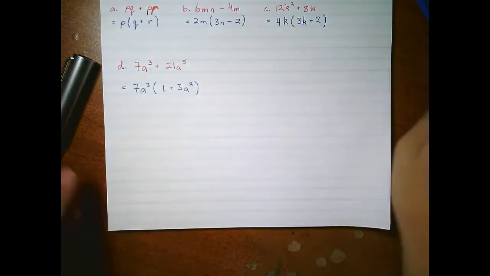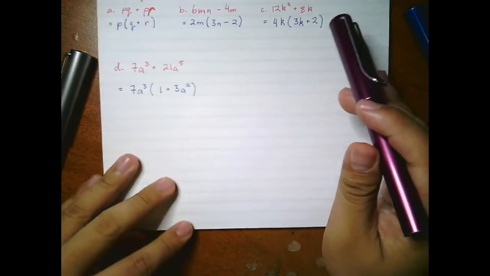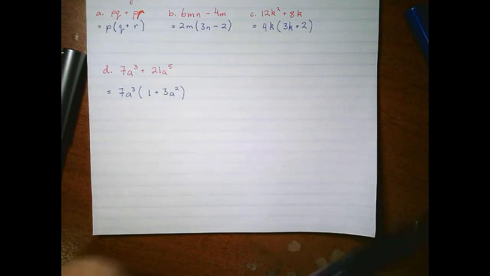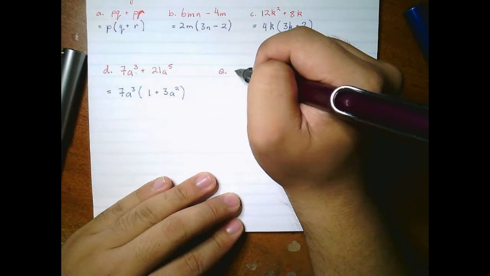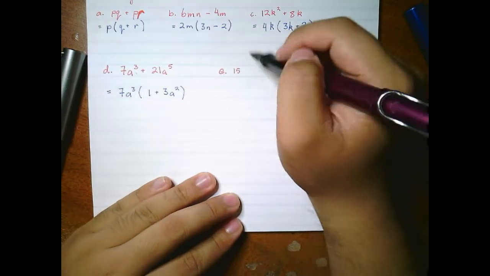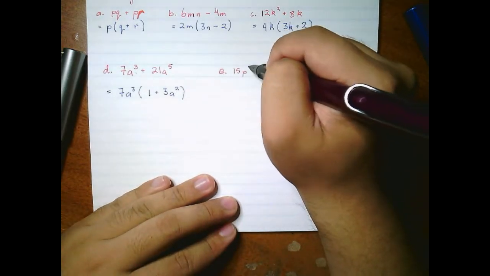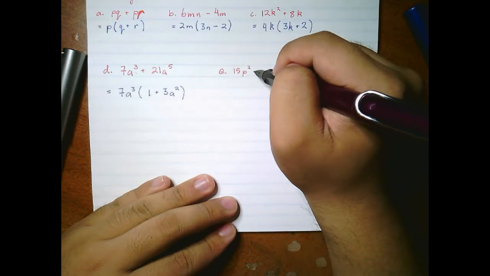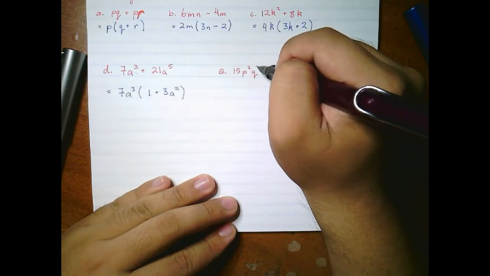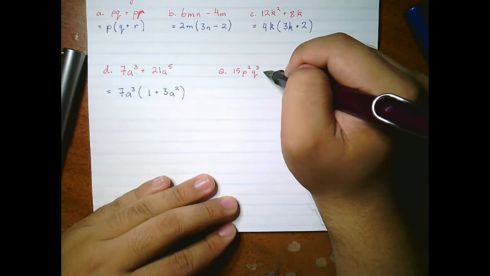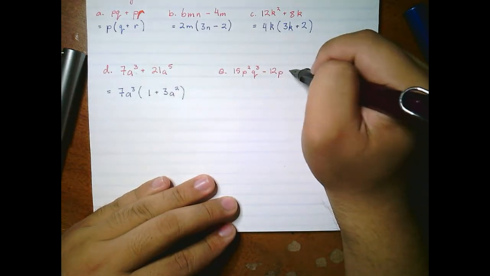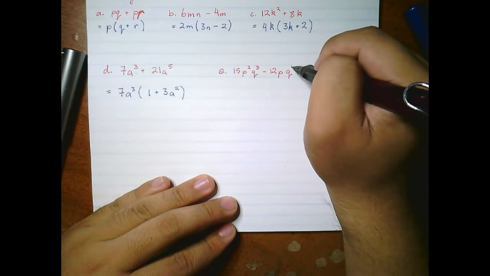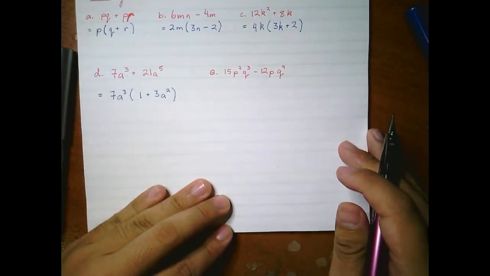We'll do one last one just to really get our head around it, and I'll give you a moment to actually give it a go. This is the last one. E is going to be 15p squared q cubed minus 12pq to the power of 4.